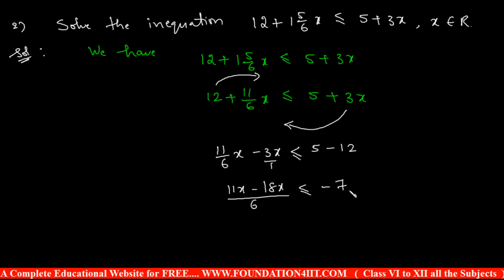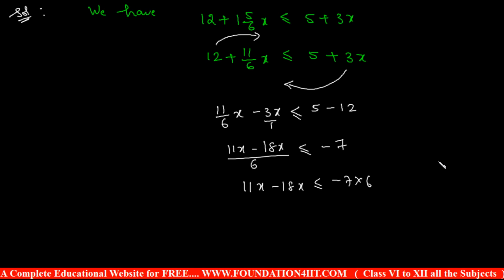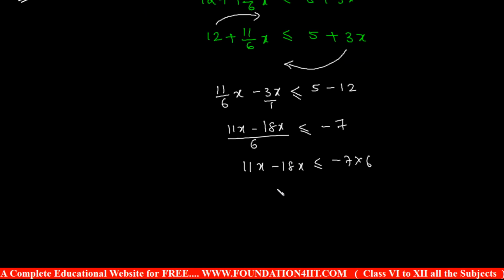The 6 is dividing, so we take it to the other side and multiply. 11x minus 18x less than or equal to minus 7 into 6, that is minus 42. So 11x minus 18x is minus 7x less than or equal to minus 42.